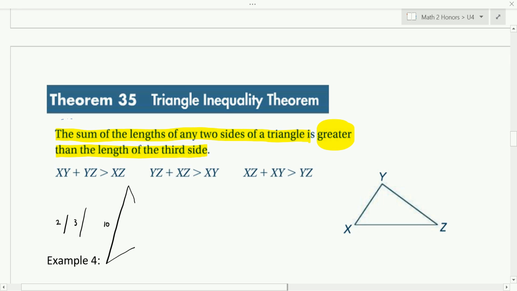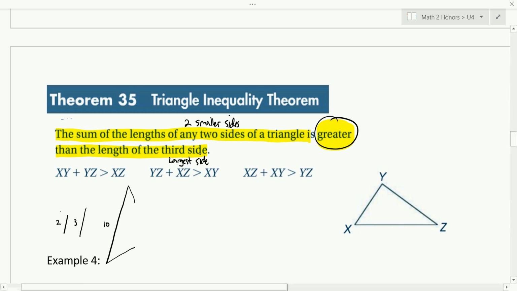So the sum of the lengths of the two smaller sides always has to be greater than the length of the third side. Well, if we use the two smaller sides, that would be the largest side. Okay, so that's going to be our test. If I give you three side lengths, you're going to take the two smaller sides, add them up, and make sure that sum is greater than the largest side.